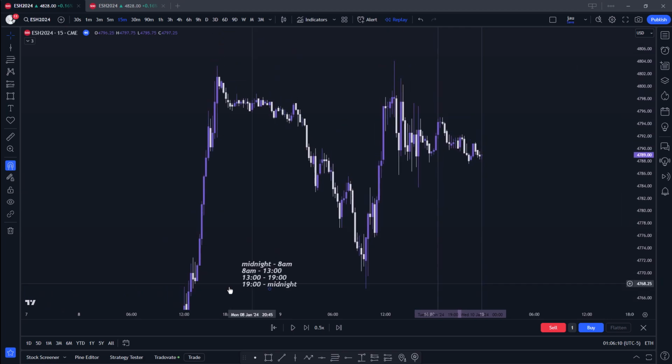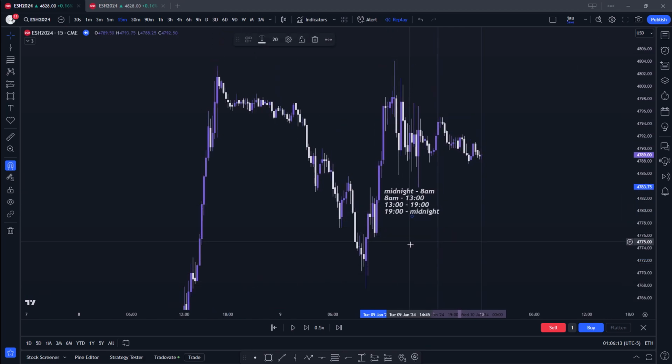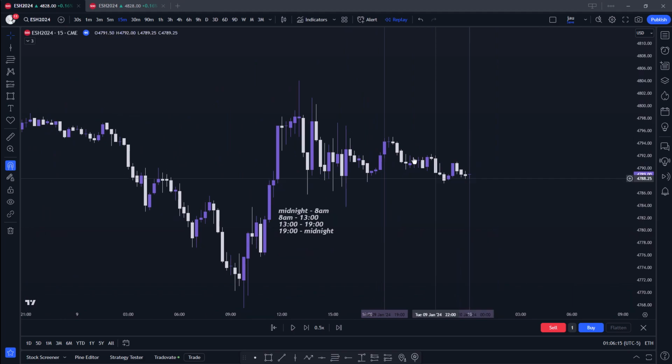Now, next question some people may ask is, okay, what then? What do you do now that you know the Asia session? Next thing I do is I outline the high of the session. That is the highest point between this space, and this is the lowest point between that same space.